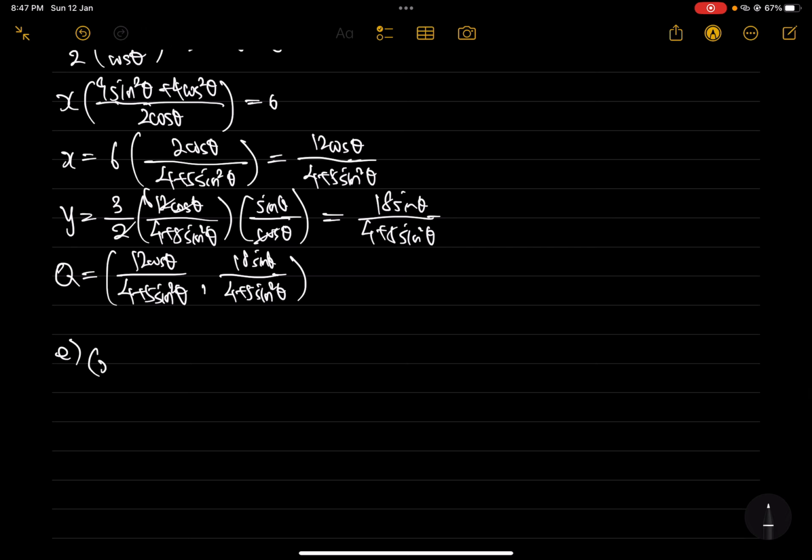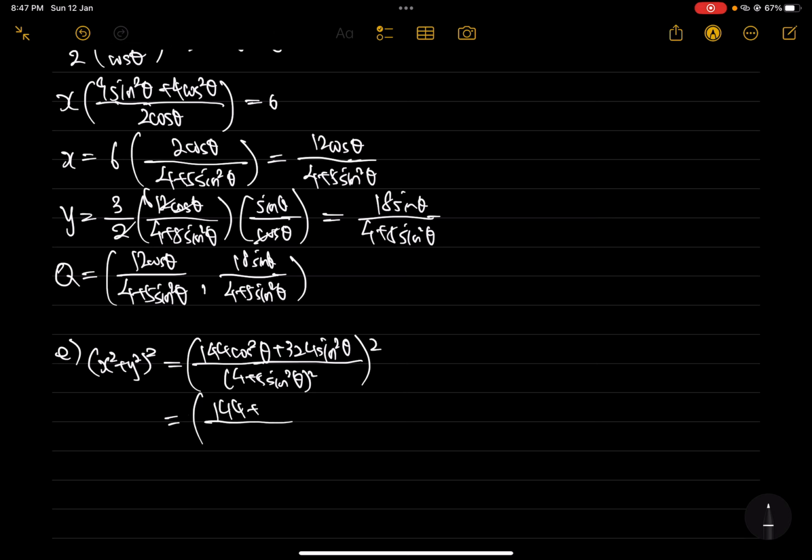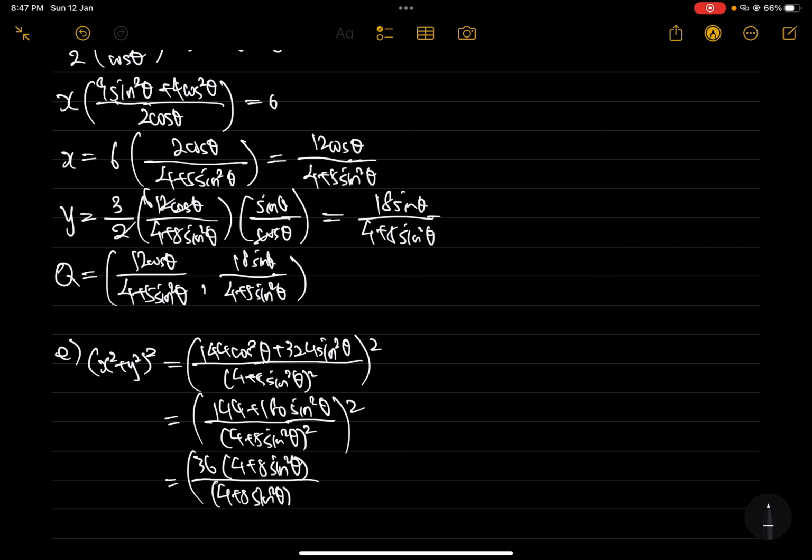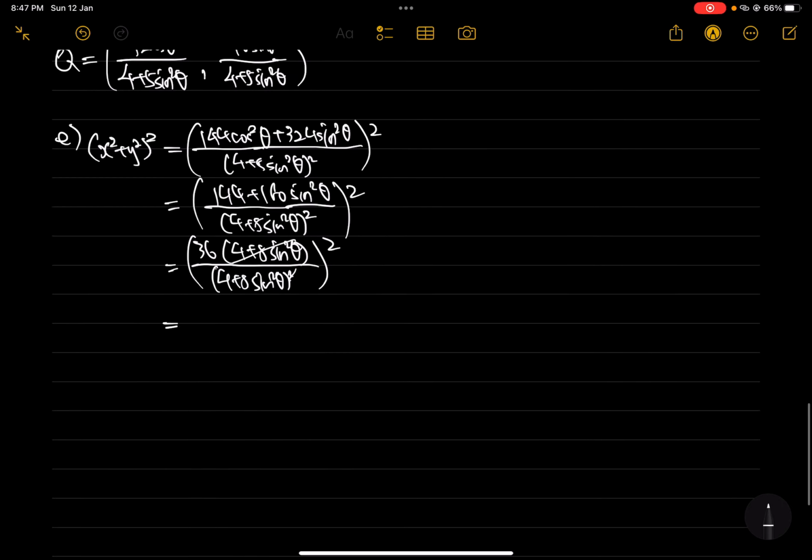So we'll need this term, which is the following, and then we'll have 36 squared is 1296.